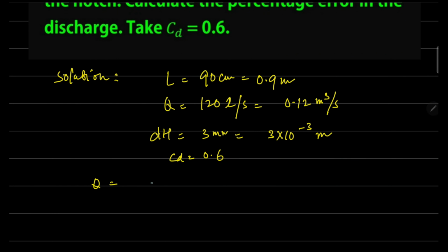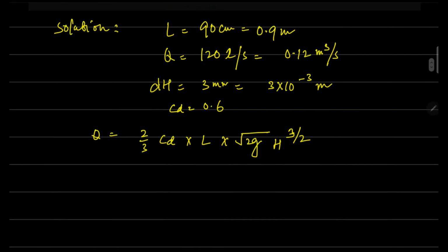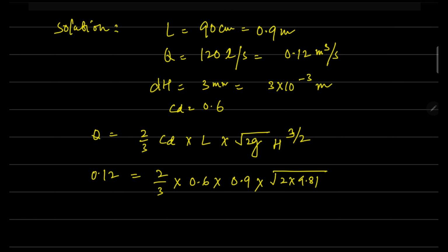So Q is equal to 2 by 3 CD multiplied by L multiplied by root 2g H raised to the power 3 by 2. So 0.12 is equal to 2 by 3, CD is 0.6, L value is 0.9, and under root 2 multiplied by 9.81 and H raised to the power 3 by 2.